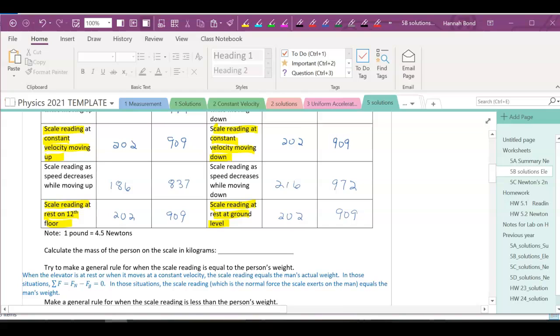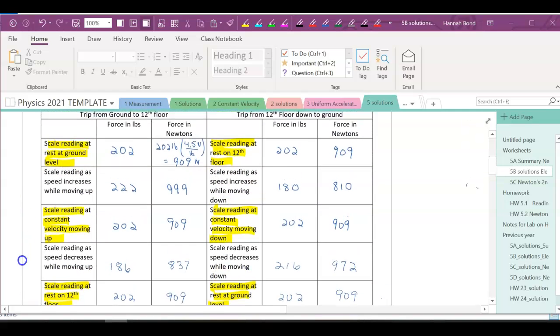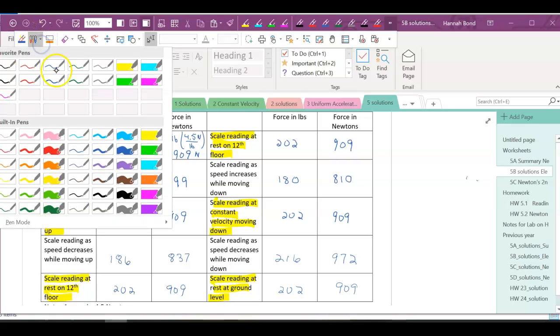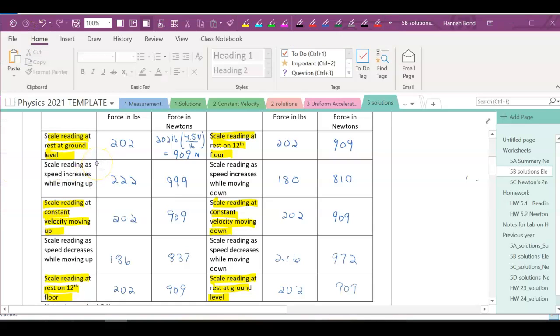Okay, now let's try to make a general rule for when the scale reading is less than the man's weight. Let me get a different colored pen. Maybe we'll use purple for this. Here's a situation for that. The scale reading is only 186 as the man is getting close to the 12th floor and the elevator has to slow down.